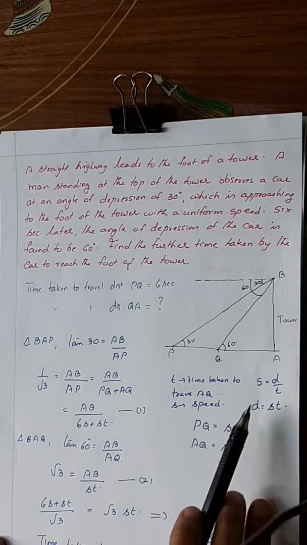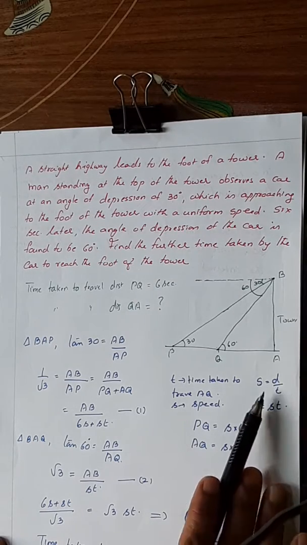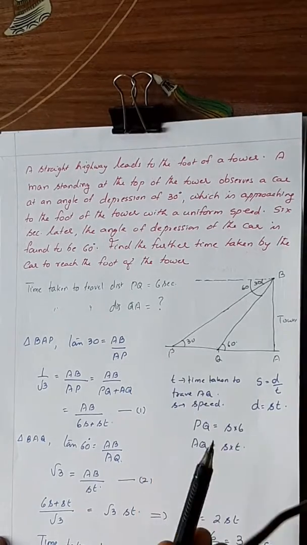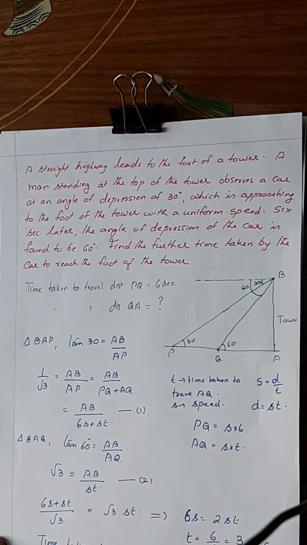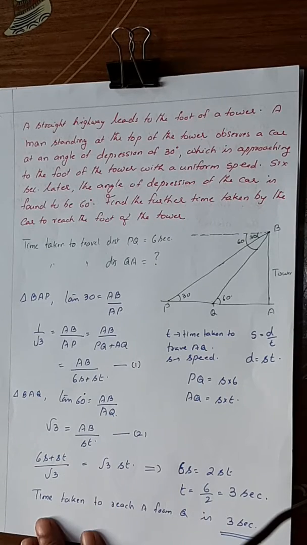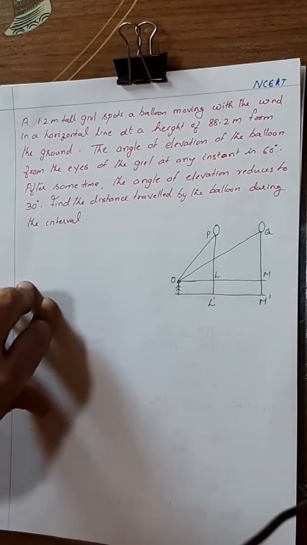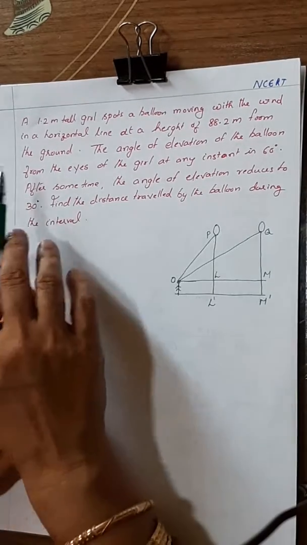So we are simply converting the speed is equal to distance by time. Distance, this is S into 6 and here it is S into T. And the remaining are similar to the earlier problems. And this is also a similar problem.